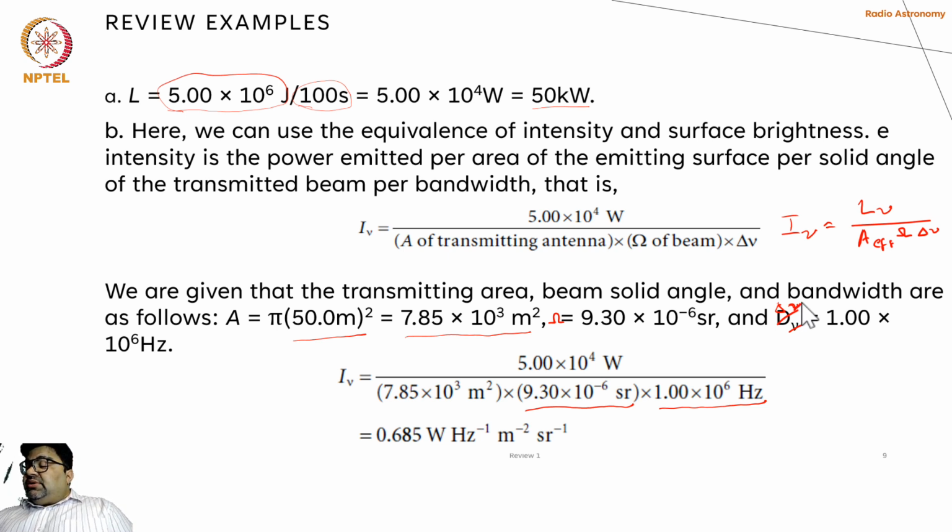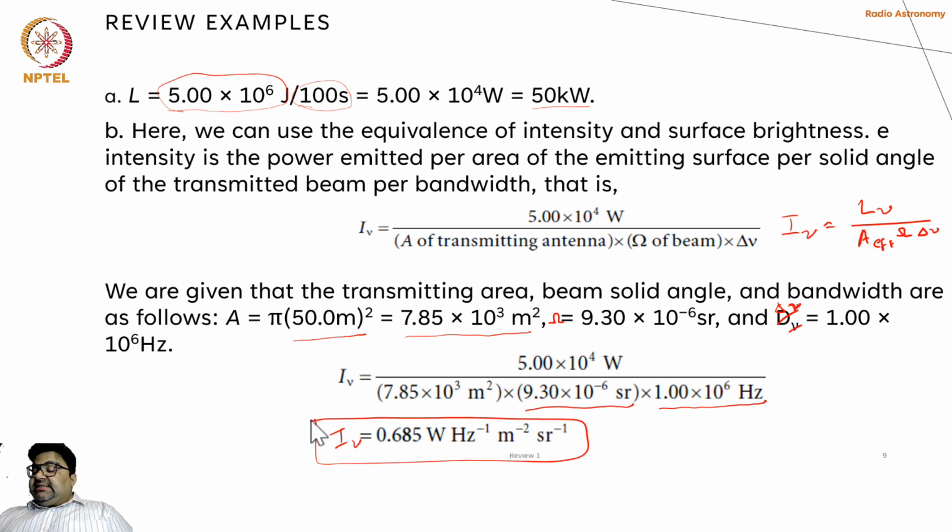So that gives you the final answer, if you just plug it in. The intensity I nu is given by this expression, 0.685 watt per hertz per meter square per steradian.